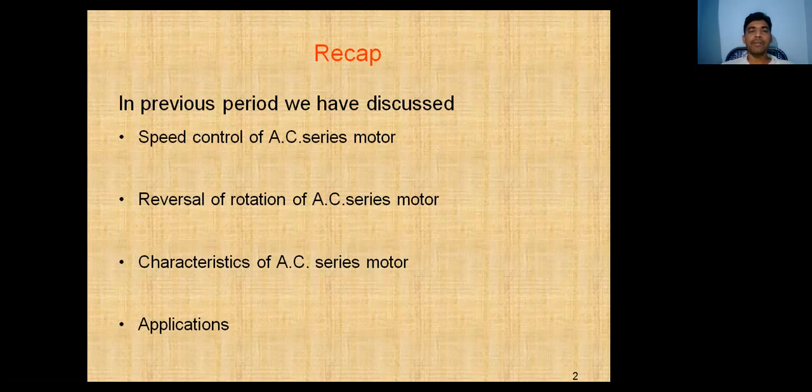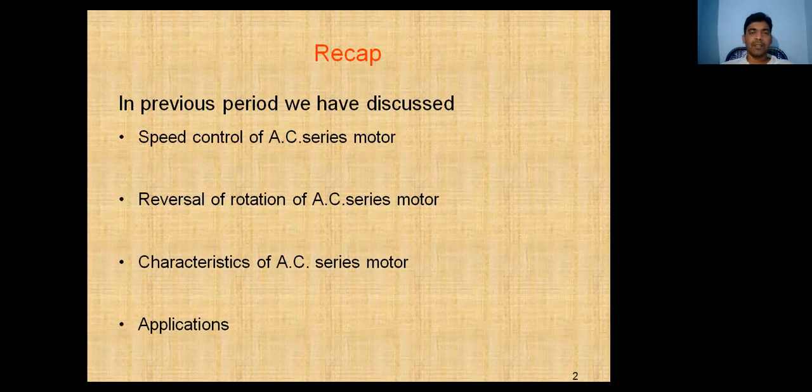Due to this transformer EMF, commutation is poor, hence sparking, and AC losses are also more. Due to sparking, the motor may be damaged, so a DC series motor cannot run on AC.